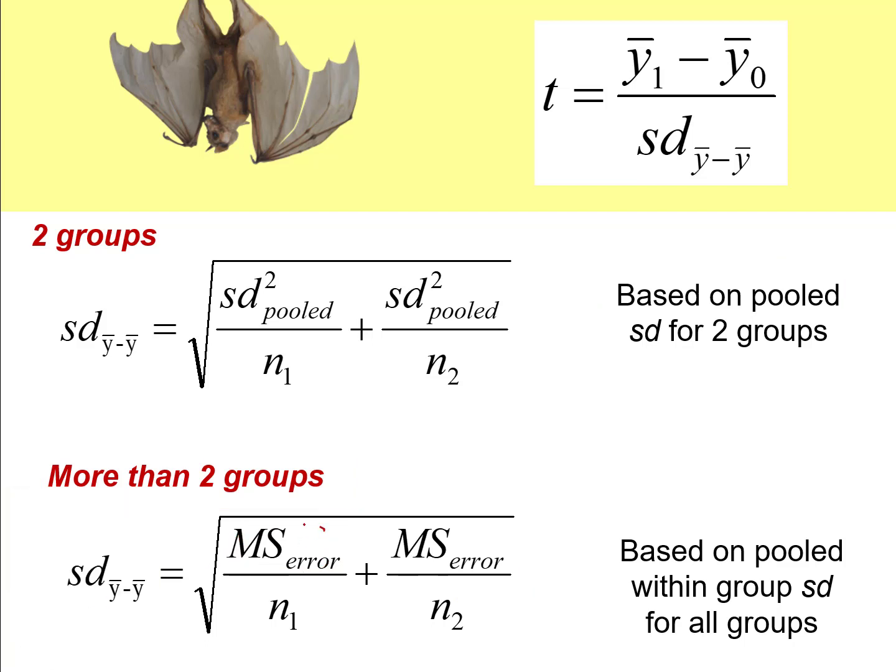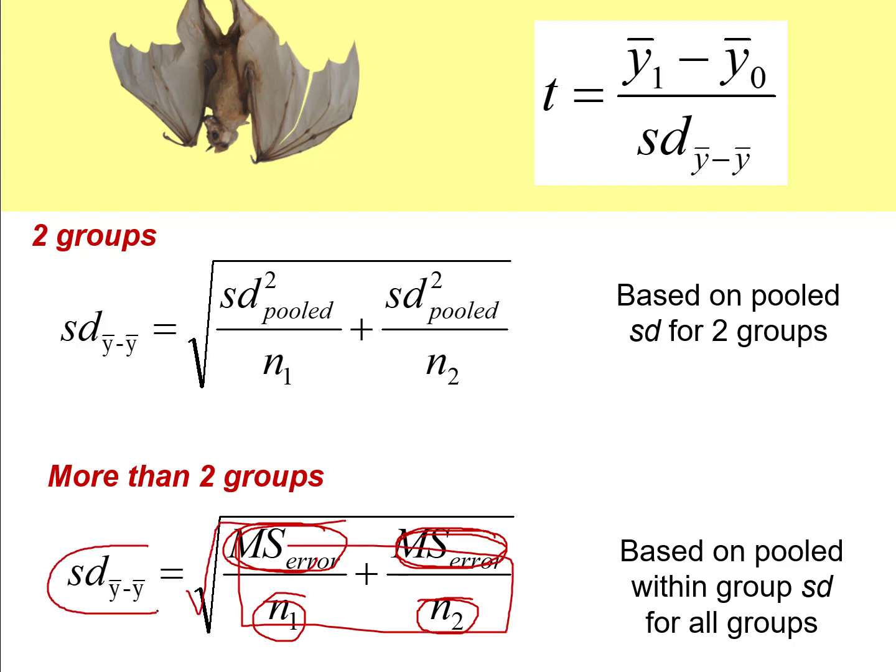We'll take that mean squared error and plug it in there and divide it by the sample size of group 1. And then we'll take the same mean squared error and divide it by the sample size for group 2. And then we'll add those two things together and take the square root, and that will give us the standard error of mean difference for a situation where I have more than two groups in my study.